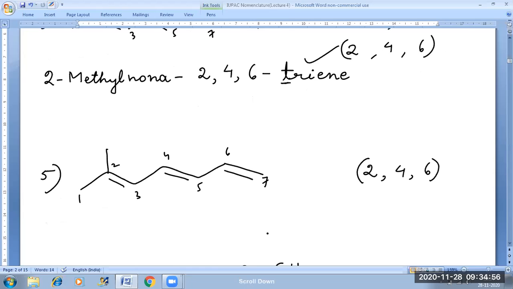If I start numbering from the right hand side, then 1 and so on. So at the first position, I'll have a double bond. So it is 1, then 2, and then here 3. So 1, 3, 5.